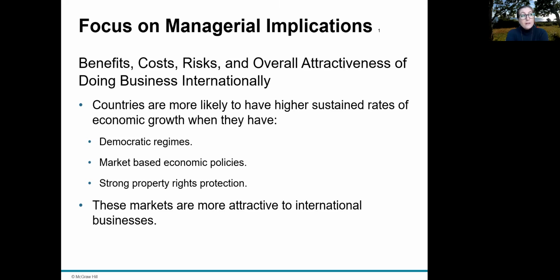To do that, we look at the benefits, the costs, and the risks involved. Countries are more likely to have a sustained rate of economic growth when they are democratic, when they're market-based economies, and when they have strong property rights. So that's where we start. We look at those three things when we're trying to decide whether to enter a foreign market.